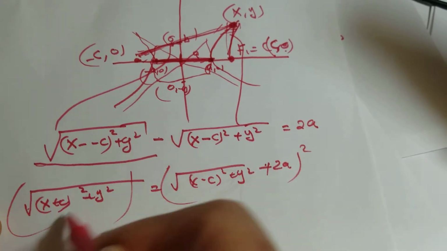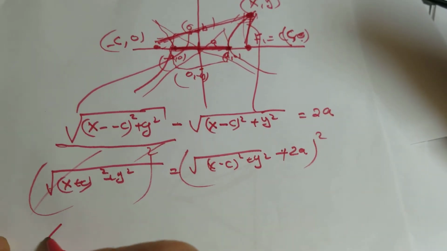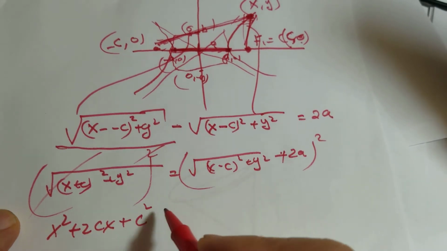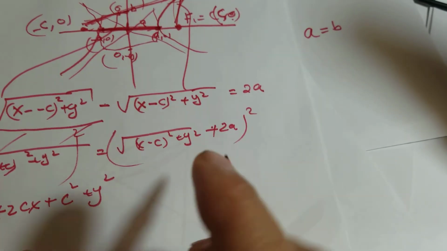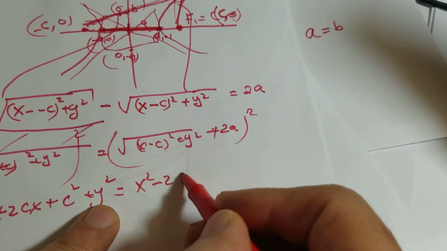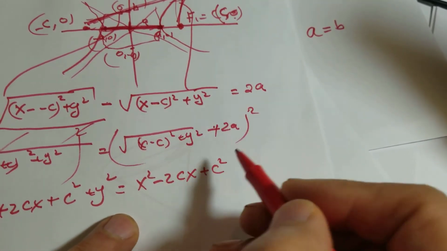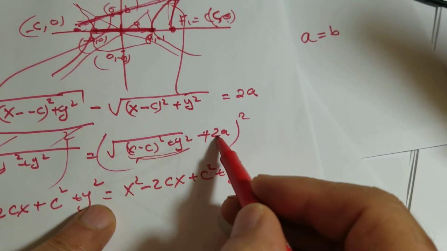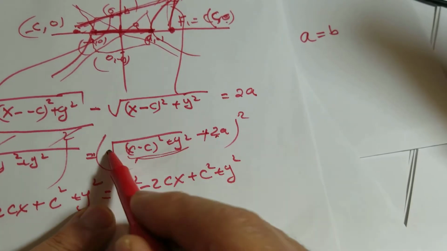When you square it, it becomes x squared plus 2cx plus c squared plus y squared. What is the other side? When you square that one, it becomes x squared minus 2cx plus c squared plus y squared. That's the whole thing when you square it. You have to double the product of these two.